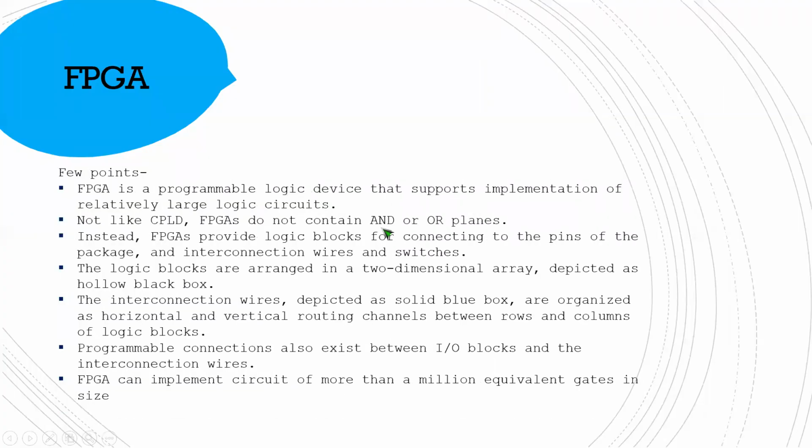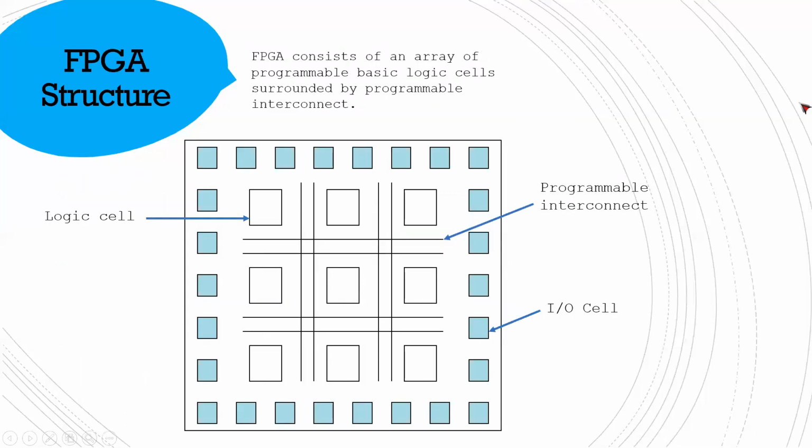Let's see the configuration. Okay, this is the structure of FPGA. FPGA normally has lots of input output cells, IO cells. This blue box, can you see the blue box? These blue boxes are actually your input output cells, IO cells. That means your input and output pins. And these are your logic cells. These are your blocks of universal gates like NAND gates and NOR gates.